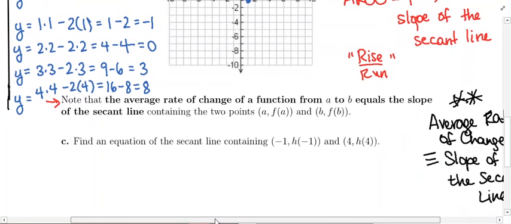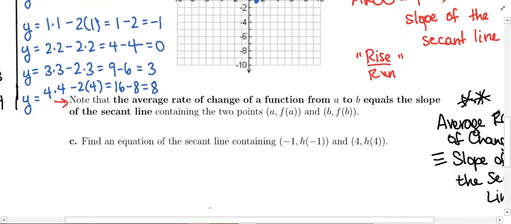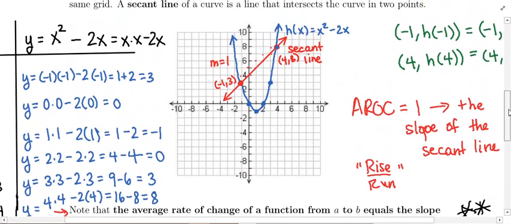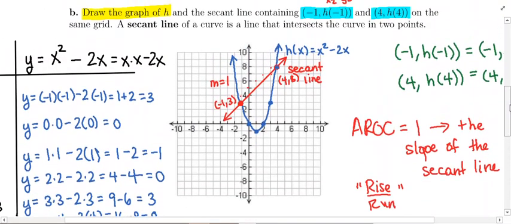All right, in part C, it asks us to find an equation of the secant line containing these 2 points. Again, translating these 2 points, we're talking about the red line that goes through negative 1, 3, and 4, 8. As soon as we finish this section, we will start on 2.2 lines, and we will learn how to write down the equation of a line.